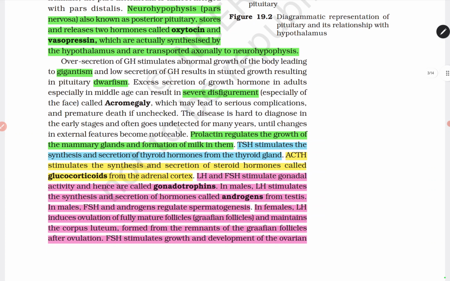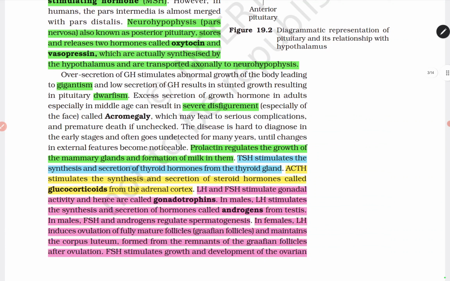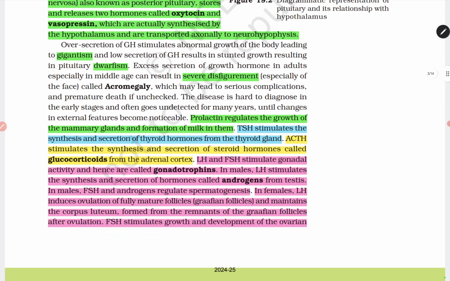Now here you can see prolactin regulates the growth of the mammary gland and the formation of milk in them. Thyroid stimulating hormone stimulates the synthesis and secretion of thyroid hormones from the thyroid gland. Adrenocorticotropic hormone stimulates the synthesis and secretion of steroid hormones called glucocorticoids from the adrenal cortex.